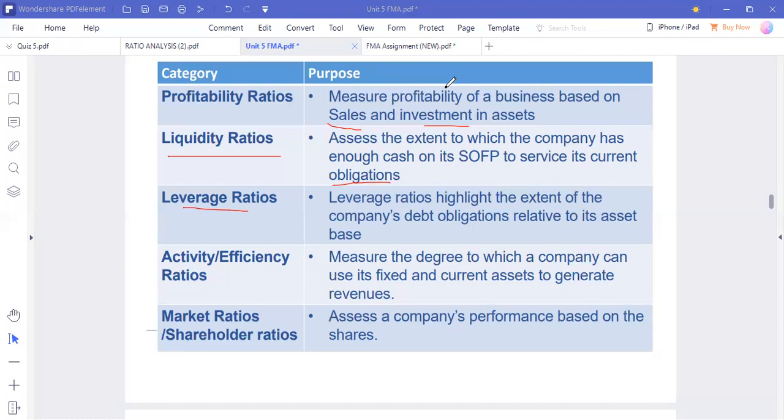Okay, the managers and the workers. All right. And who are the external users of financial accounting information? The shareholders, the public. Exactly. So these ratios also depict the types of users of financial accounting information.